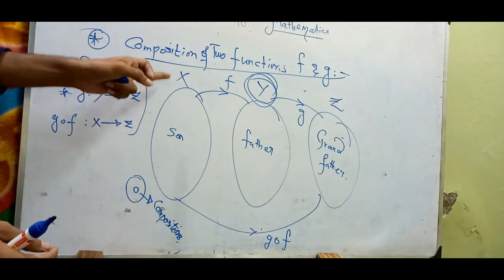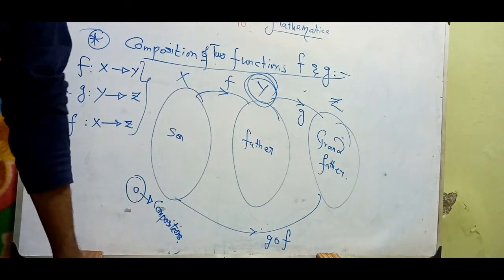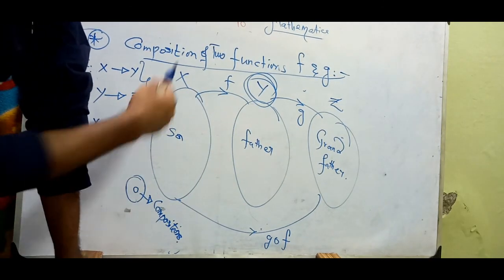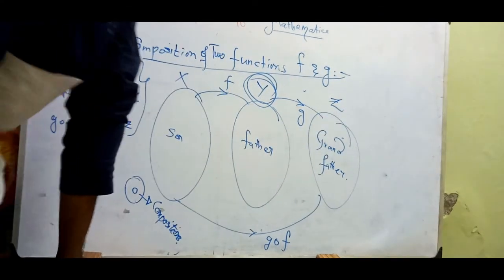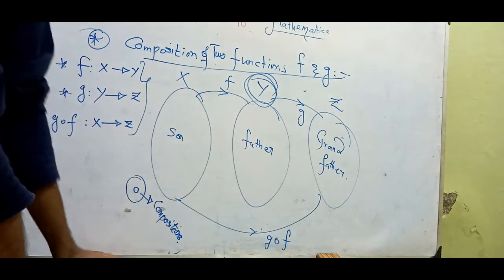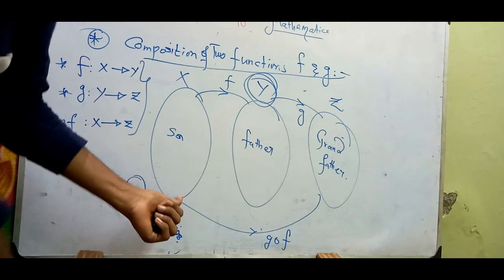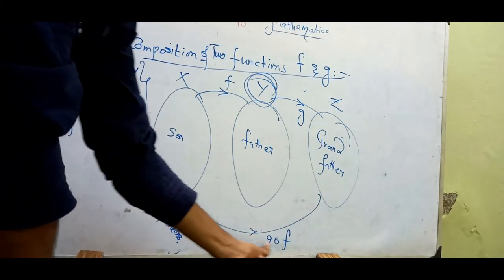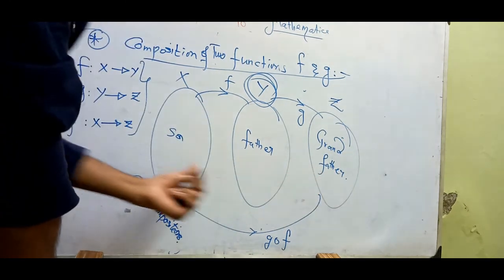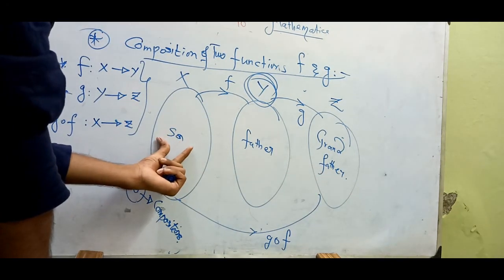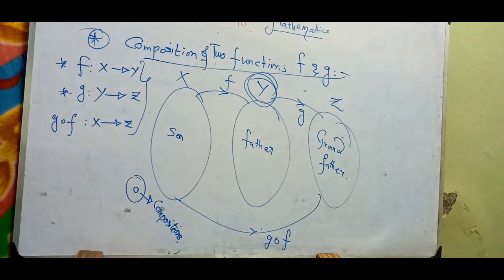X is the set that is the collection of all sons, Y is the set that is the collection of all fathers of those sons, and Z is the collection of all grandfathers of those fathers, or you can say grandsons. So g composition f is a map from X to Z, which is a map between grandsons and grandfathers.